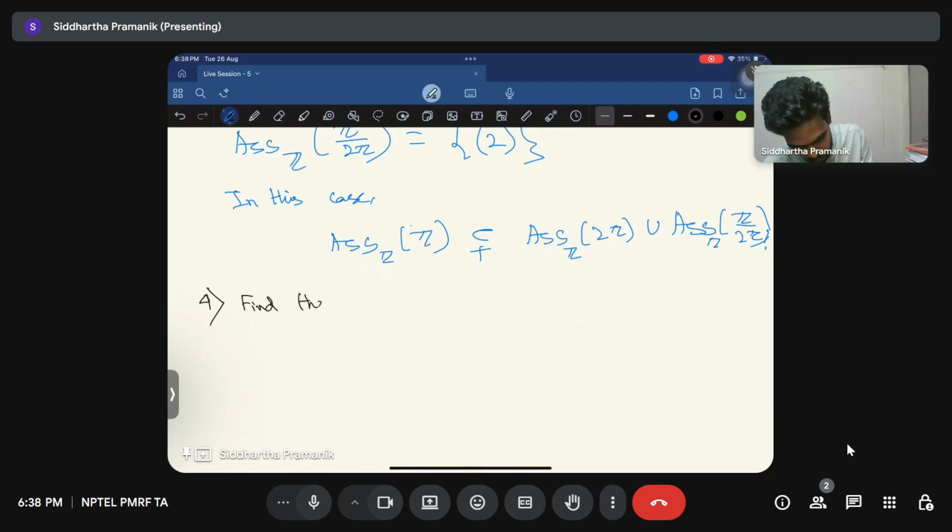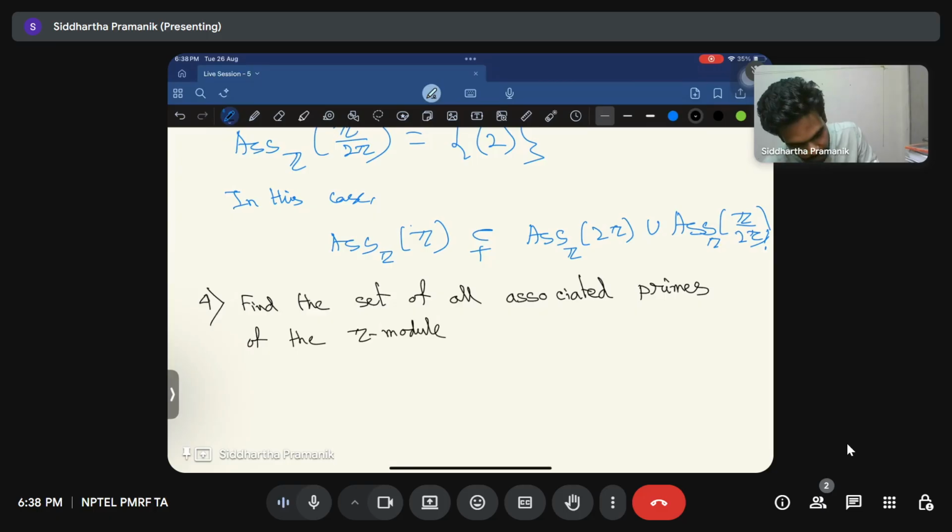Find the set of all associated primes of the Z-module Z mod 6Z direct sum Z mod 10Z.